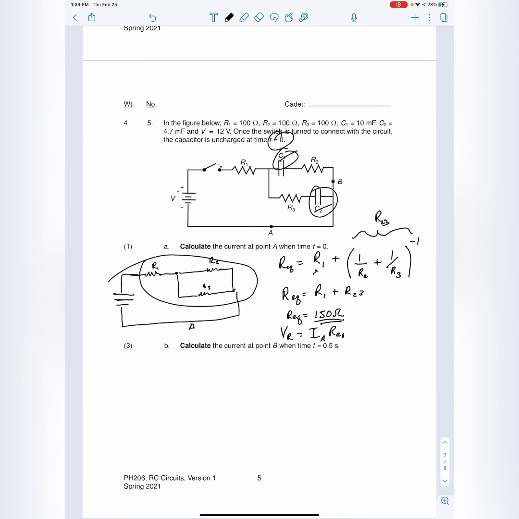And with that resistor equivalent, actually you have to divide. So you have to divide voltage across the resistor over resistor equivalent, and that should give you 0.80 amps.